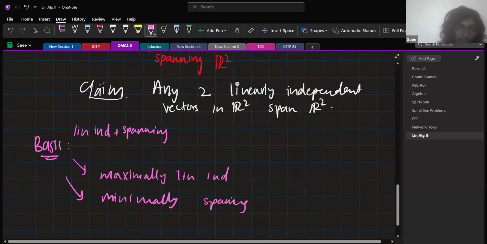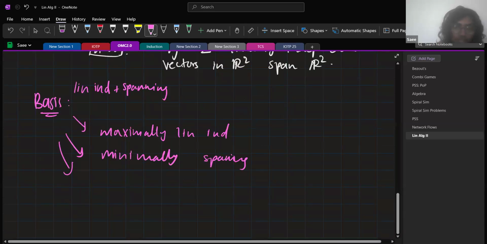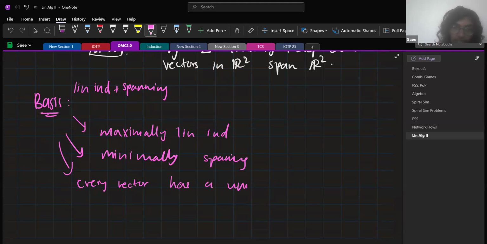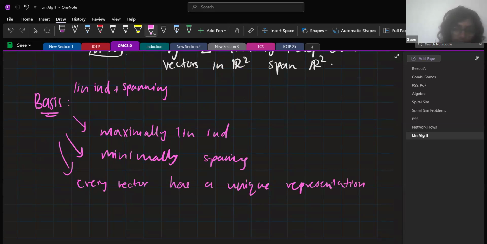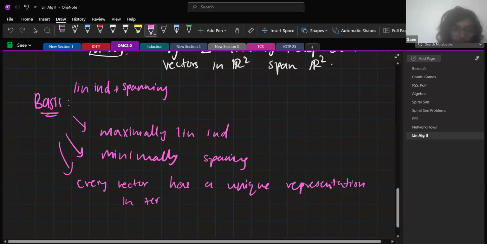And that's also equivalent to another nice fact, which is that every vector in our vector space has a unique representation as a linear combination of vectors in the basis.